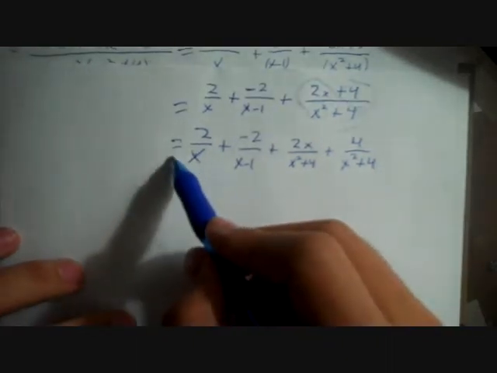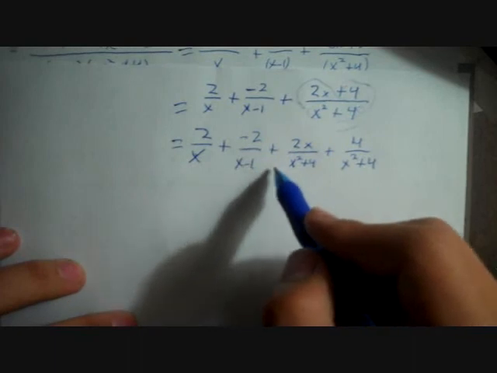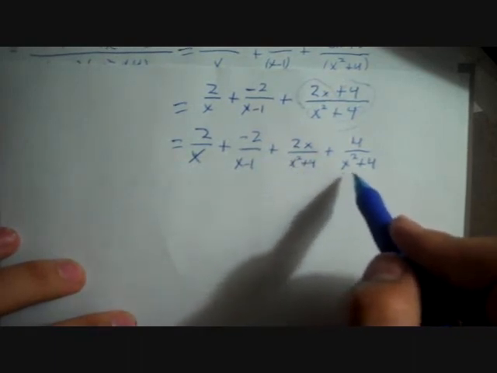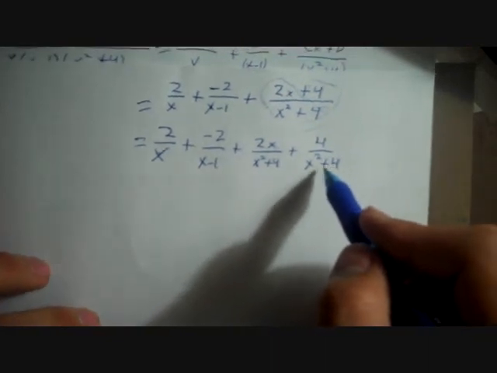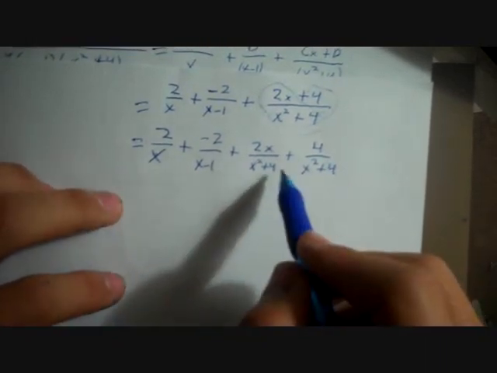Alright? Now that's pretty simple to integrate. U substitution. Here we'd have to do another U substitution where we set u equal to our denominator. And then here we would have to use the arctan. But all this is very integrable and very easy to do.